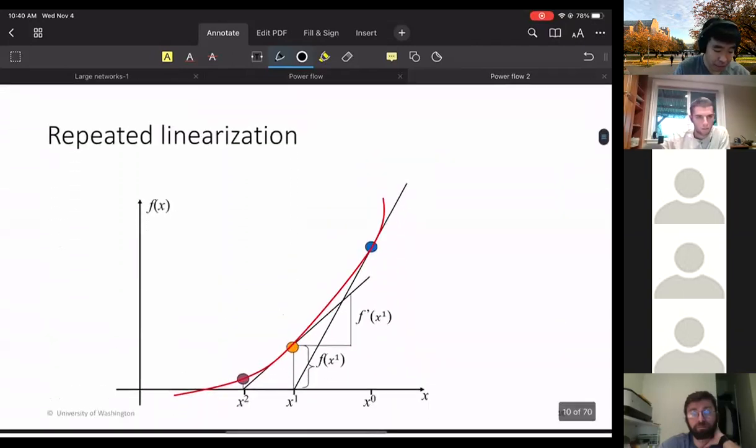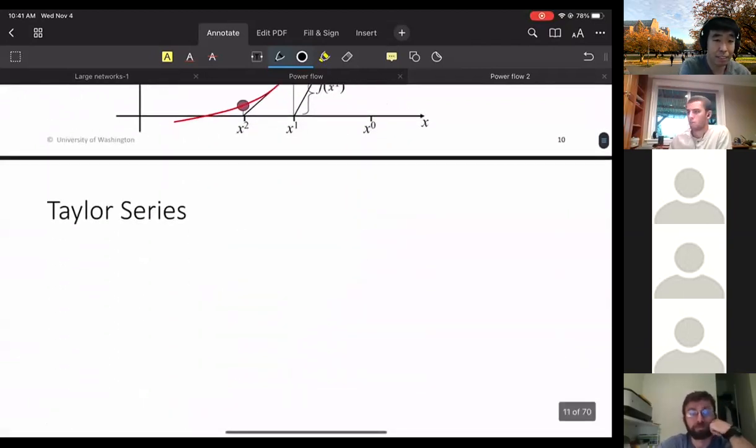Okay. So it turns out we can make this successive linearization more formal. The idea is basically to think of a Taylor series expansion.